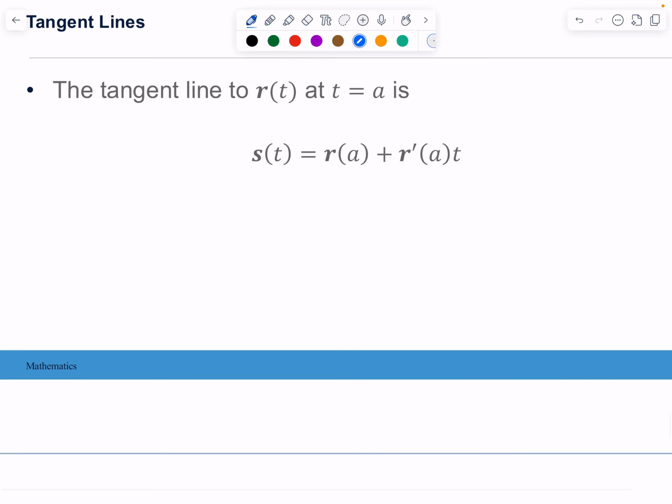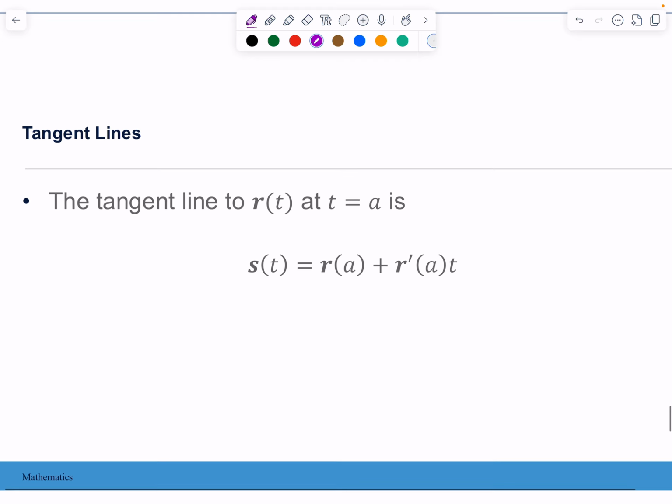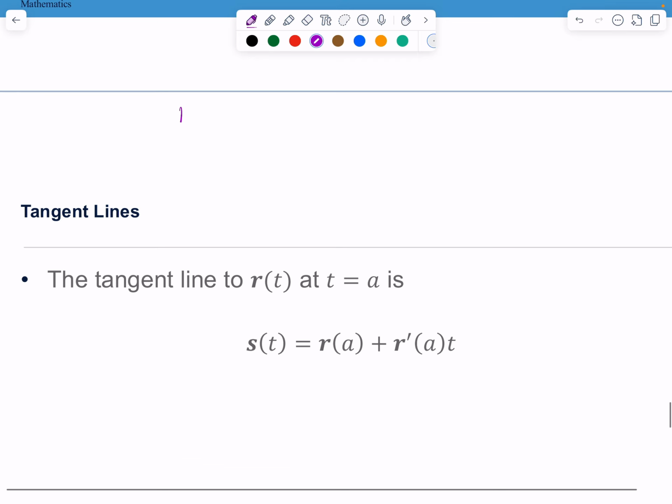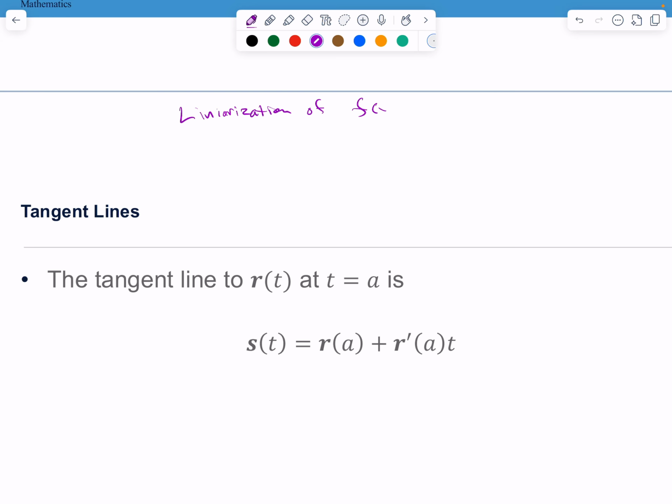You've done tangent lines before. Let me remind you about linearization. That's actually how this looks a lot like a linearization. Linearization of f of x at x equals a is this.